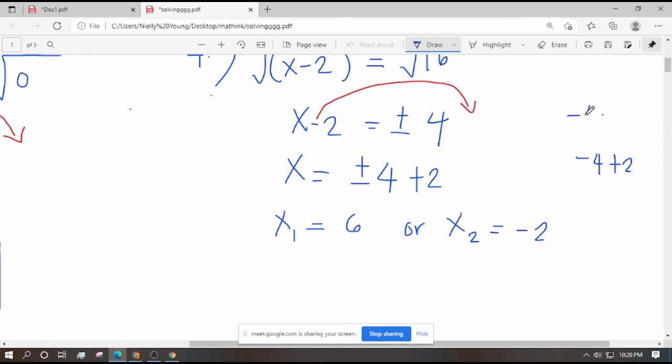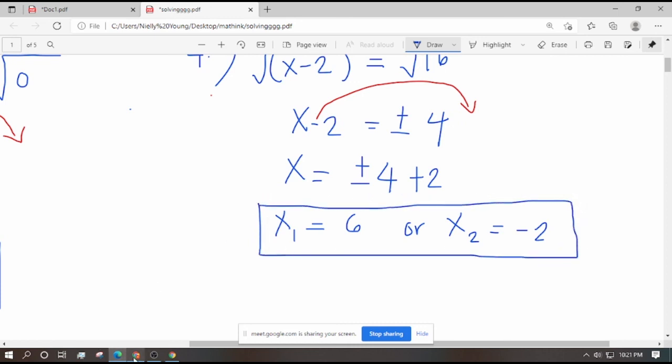When both are negative, like negative 4 minus 2, they have the same sign, so you add them. Do not mind the negative sign, just add first. 4 plus 2 is 6. And then, just copy the negative because the signs are the same. Okay? Got it? Okay. So, the answer here is negative 2 and 6. So, x sub 1 equals 6 or x sub 2 equals negative 2.